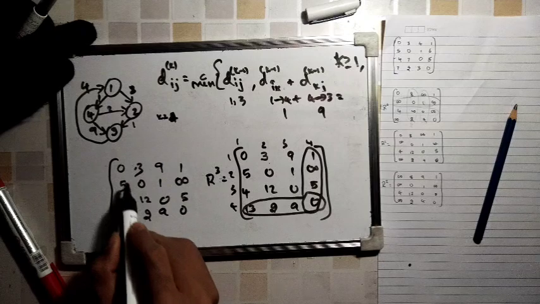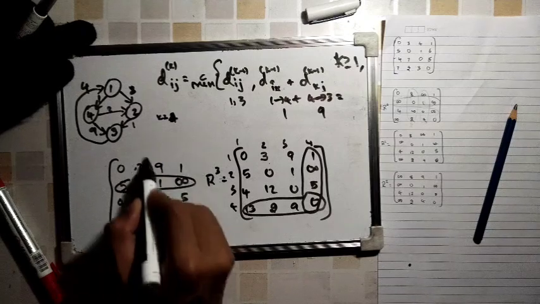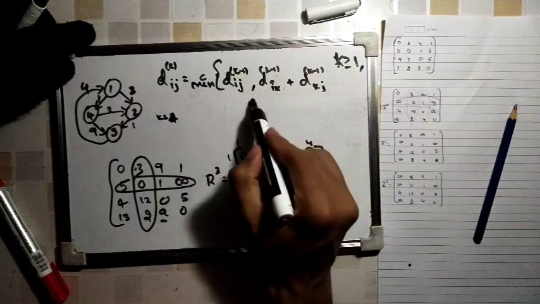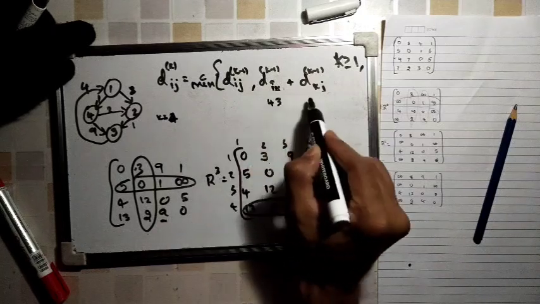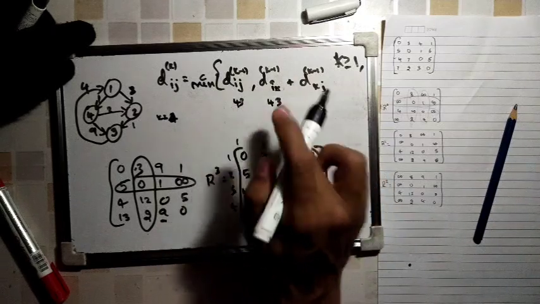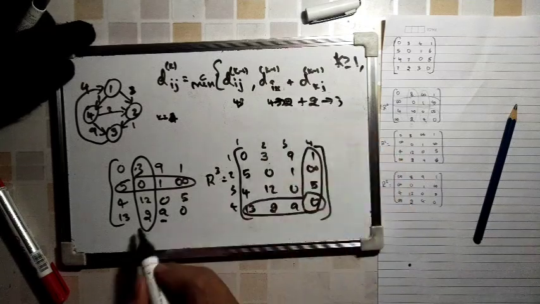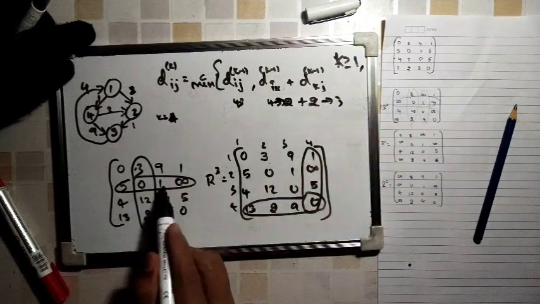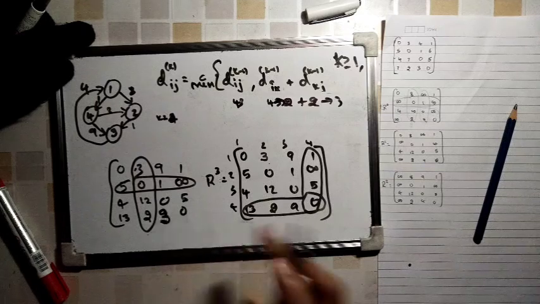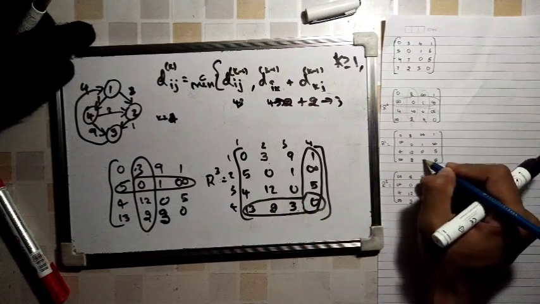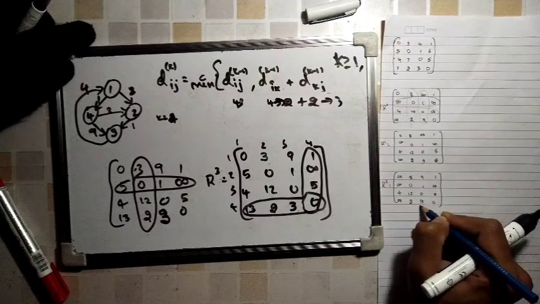So here when I consider like this, it will be 4 to 3, right? So sorry, here 4 to 3, so I can take 4 to 2 plus 2 to 3. 4 to 2 is 2 plus 2 to 3 is 1, so it will give me 3. Okay, so I can make it 3 in this place itself. So here it will be 3.